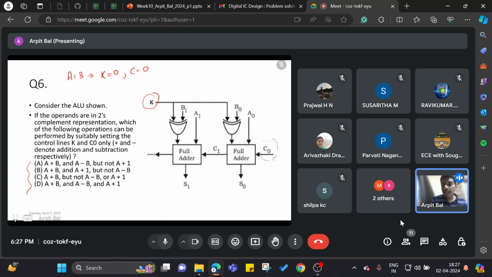K and C0 are the control knobs that are available with you, and using those control knobs you can perform various types of functions between A and B. So which functions can be performed using this module? That thing you need to mention.